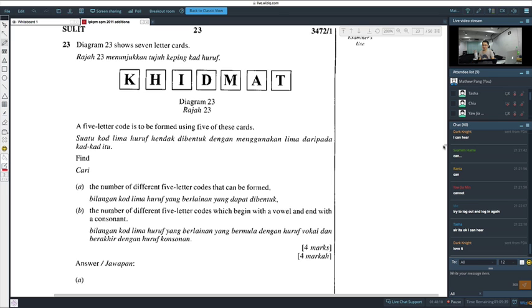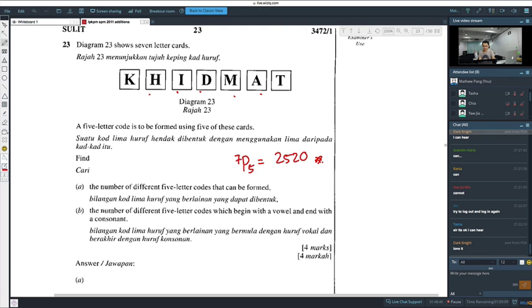Whenever you see letters or numbers, most of the time it is P, using permutation. So the first one is basically quite simple. You have 7 cards here, you want to form the code using 5 letters, so it's just 7P5. That's all. Then you use your calculator to do 7P5. It's 2520.